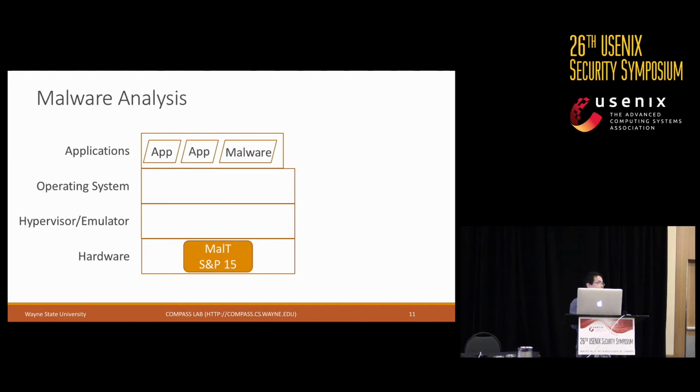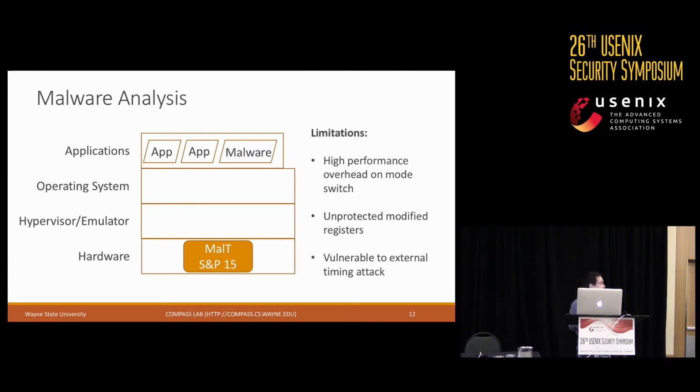And since the system management mode has a very high privilege, it can access the states of the malware running inside the operating system. However, since the system management mode was not originally designed for security purposes, the performance overhead for the mode switch, I mean the switch between the system management mode and the normal mode, is very high.